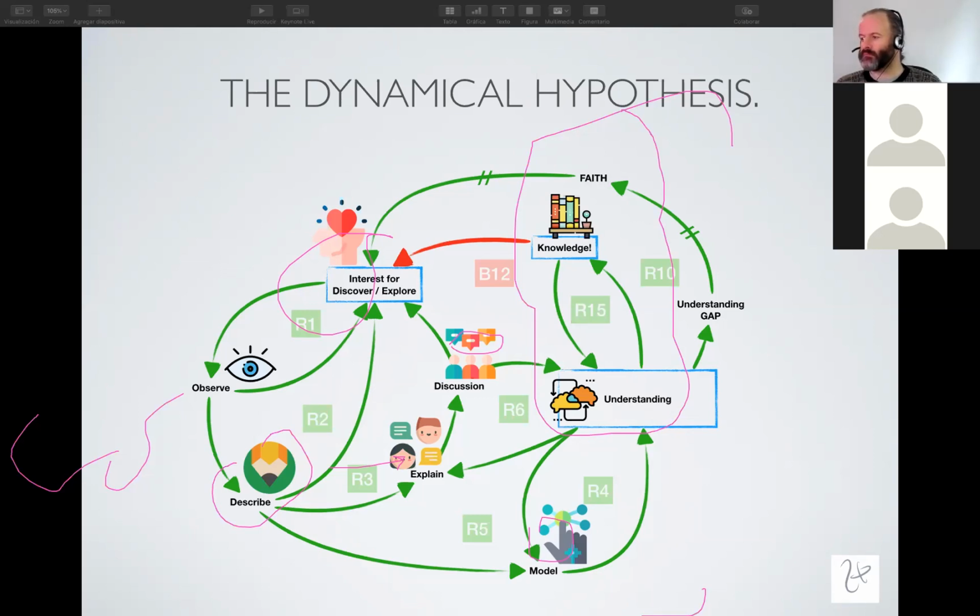When I have discussion, I find the thing more interesting, because there are more points of view on the issue. So then I have an understanding gap. I'm going to do it in the next two slides, and I have faith, and now I'm going to talk about that in the next one.